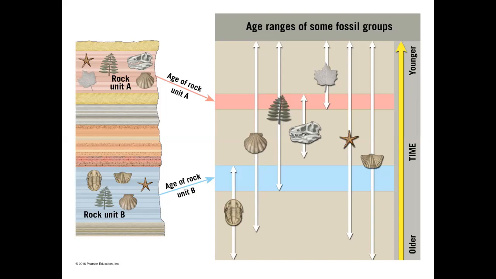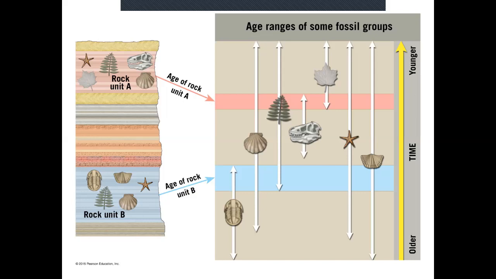Because let's say rock unit A contains these fossils. Now this is just for proof of concept. There's no environment in which a scallop, a T-Rex, a starfish, a maple leaf, and a fern all live together unless there was a large flood that deposited them all together. But let's say rock unit A had these 5 fossils in it.